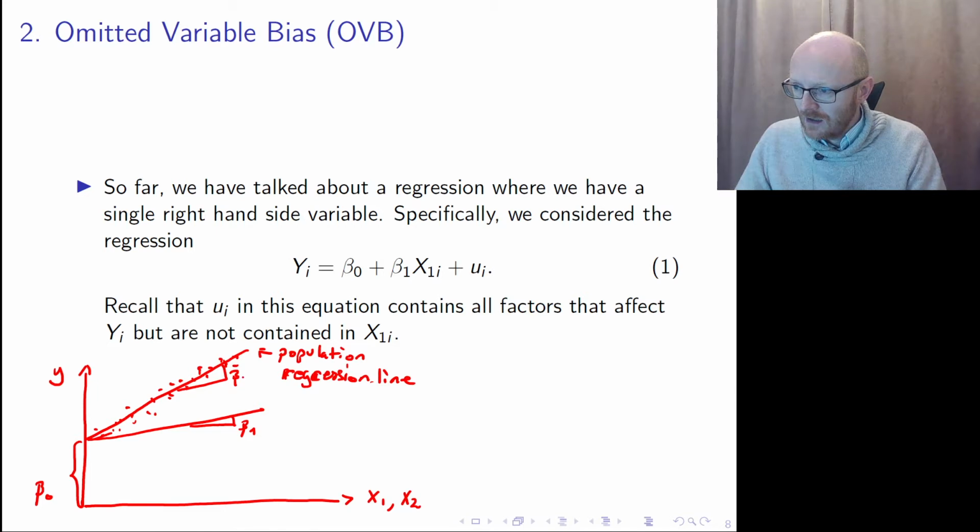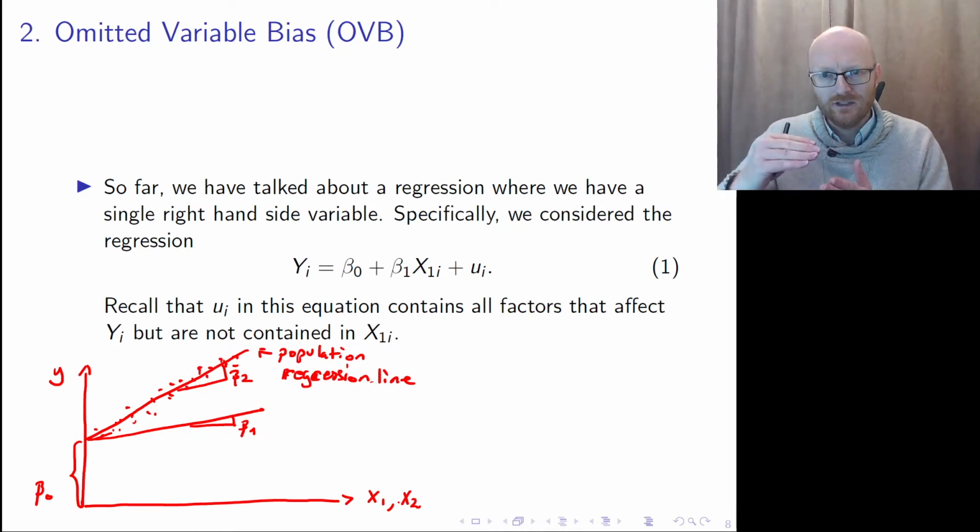So this would be the change in y given a change in, or related to a change in, x2, right? So what you do is that you add the intercept, and then you add the effect of an increased x1 variable, right? And then you add the effect of an increased x2 variable, right?